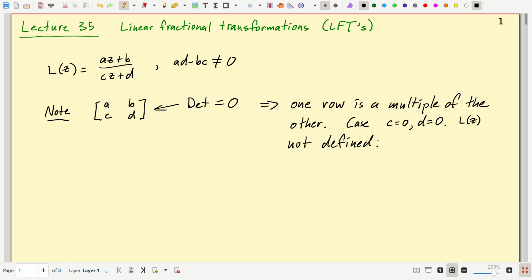And if that's not the case, then one row being a multiple of the other would mean that row would be a constant times the other.